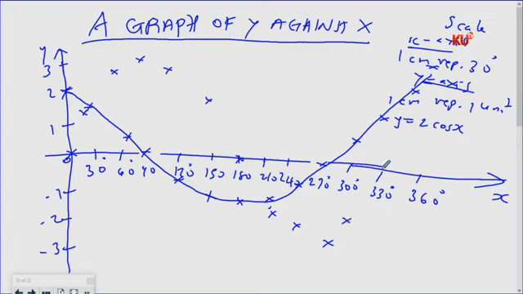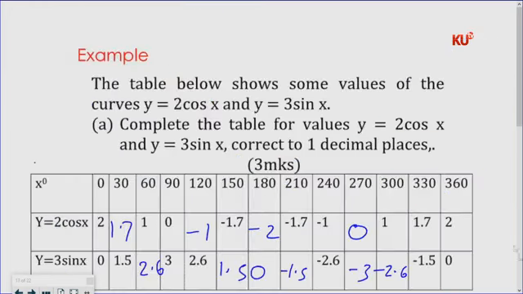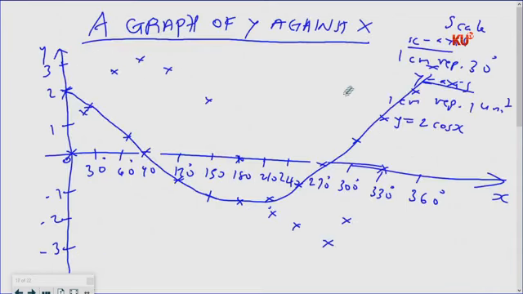When x is 330, y should be 0. And finally, when x is 360, 360 is 0.